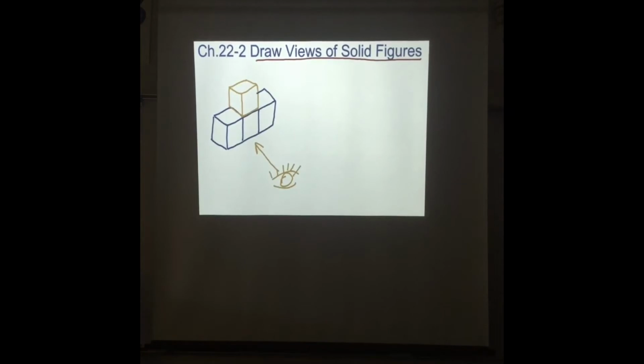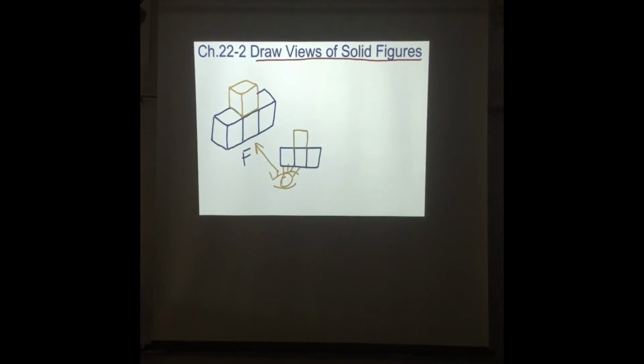Yeah, I do too. So let's say we're looking at it that way. What's going to be the shape? Well, looking at it that way, it would be like this, just going to make it smaller. I'm going to try to use the colors to give you an idea of the shape. This is called the front view, okay?